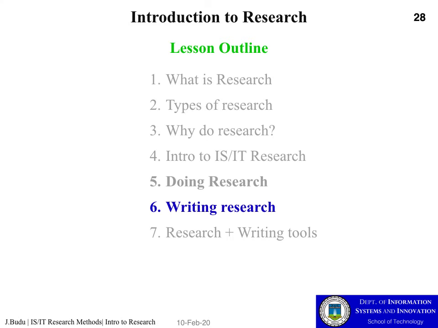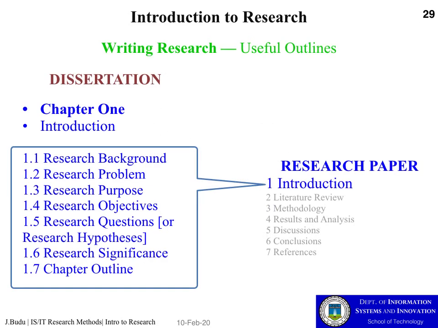So how do you write research? I have hinted earlier about this issue. So I said that when you are doing a dissertation, all the things you have spoken about, research background, problem, objectives, questions or hypothesis, research significance, and then chapter outline will be shown like this and will come under chapter 1, which is the introductory chapter.